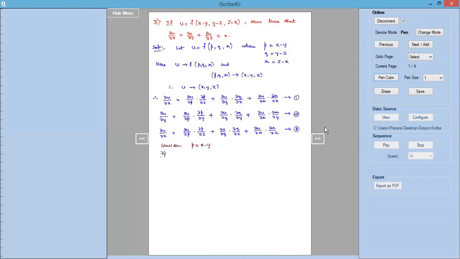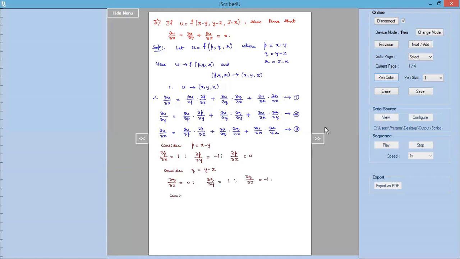with respect to x gives us 1. ∂p/∂y will be minus 1. ∂p/∂z is 0. Same way, when I consider q is equal to y minus z, we have ∂q/∂x is 0. ∂q/∂y is 1. ∂q/∂z is minus 1.